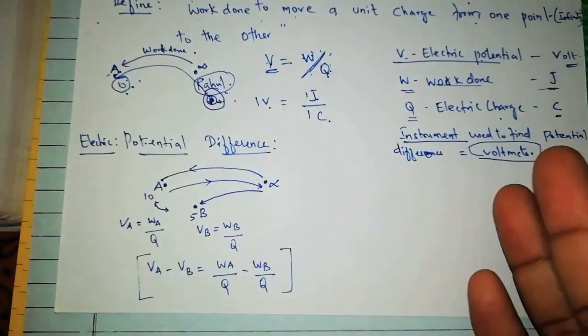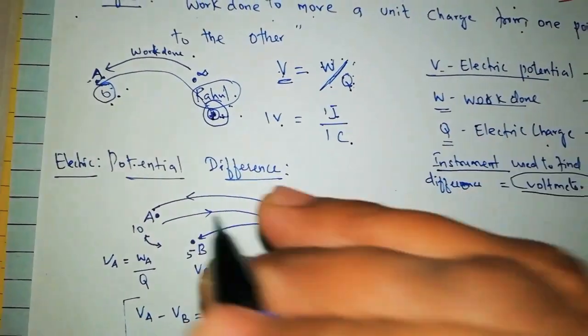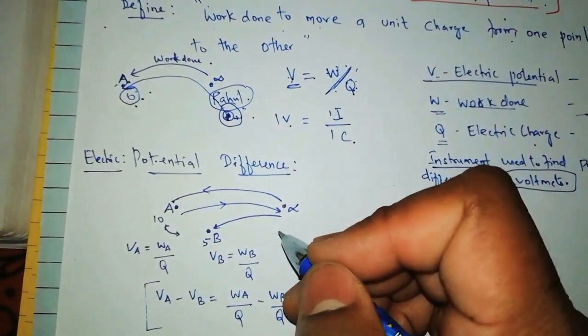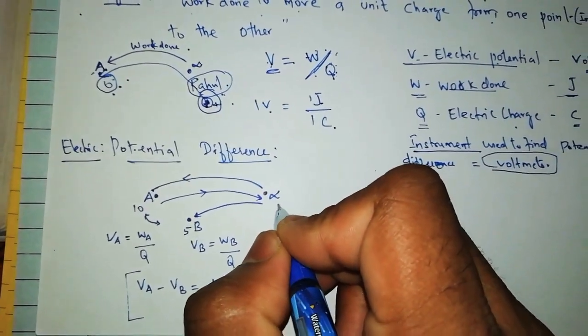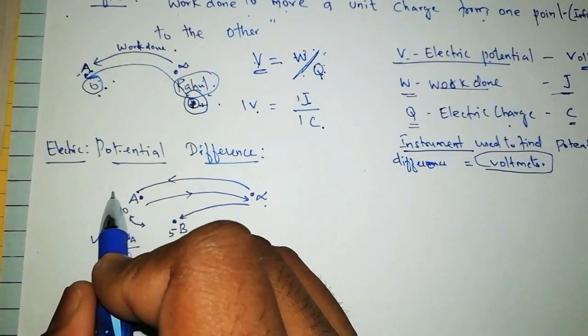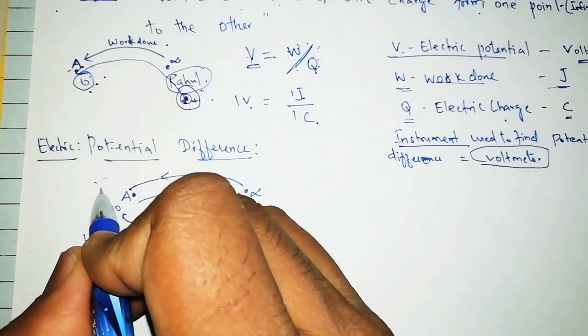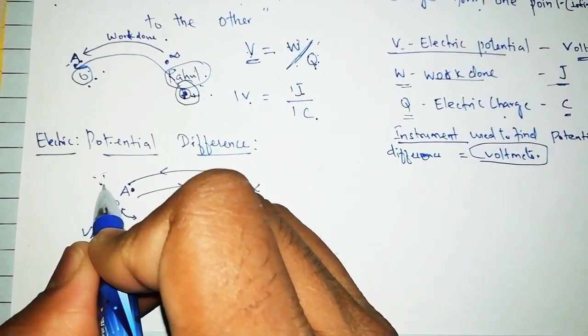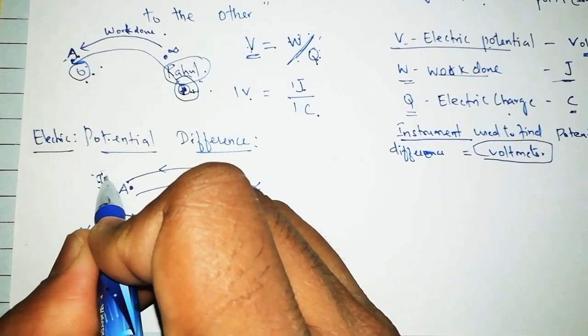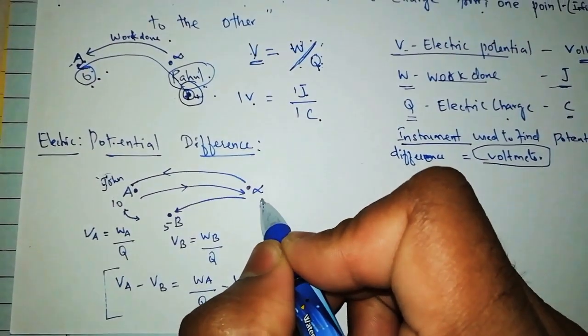Okay, let's learn what is electric potential difference. This is also the same thing. For example, we add a name called John, and he is Rahul.